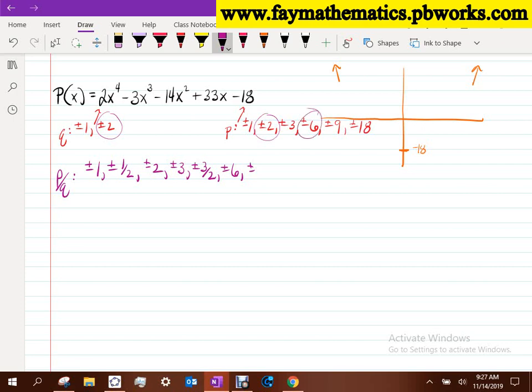If I go 6 over 2, do I already have that in my list? Yep, so I'm not going to write it. Plus or minus 9 over 1, plus or minus 9 over 2, plus or minus 18 over 1, and then plus or minus 18 over 2, which I've already got in my list. So we get 1, 2, 3, 4, 5, 6, 7, 8, 9, 18 different P over Qs that we can check there, right?